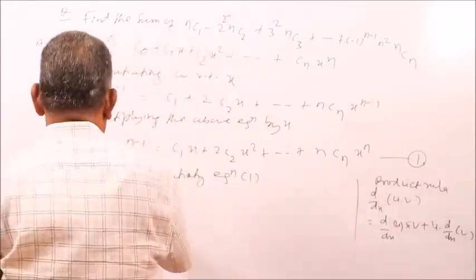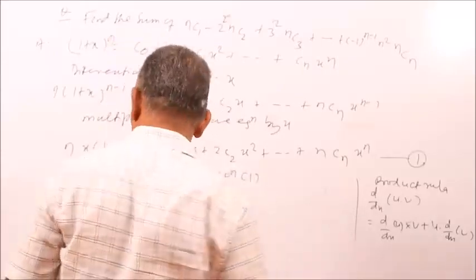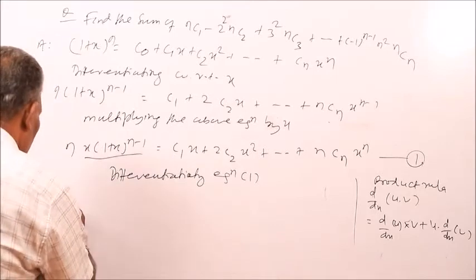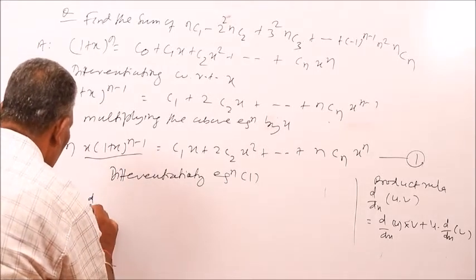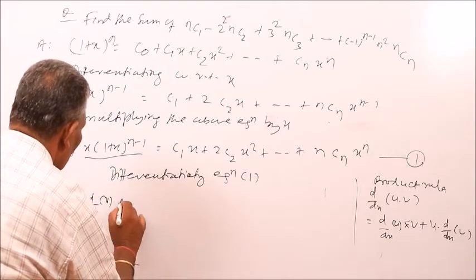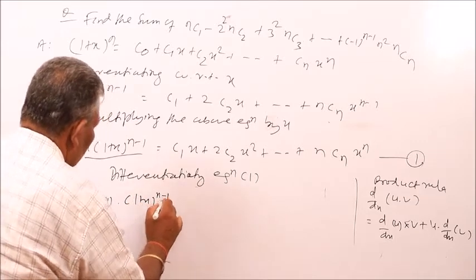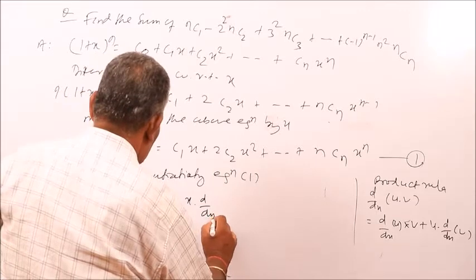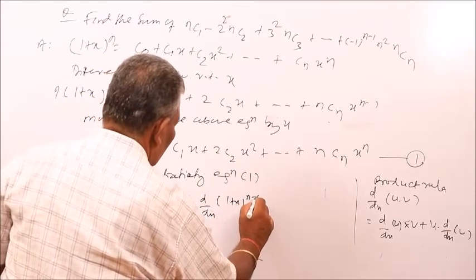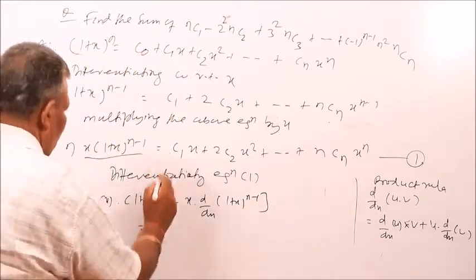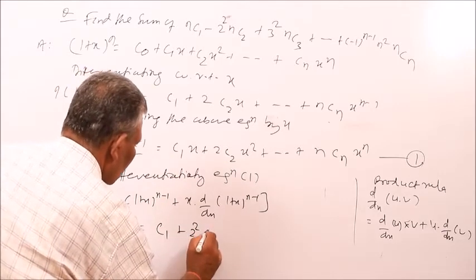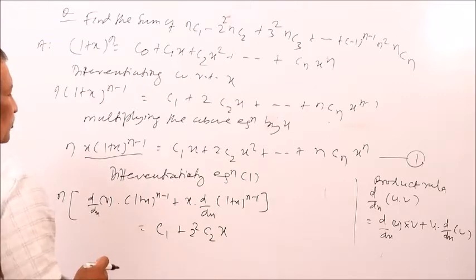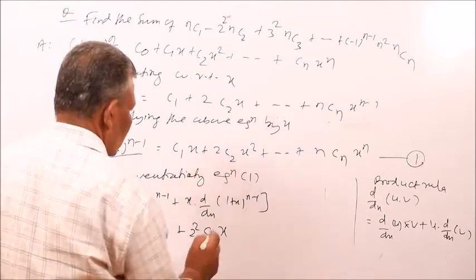Here in the LHS we have two terms. x is one term, another is (1 plus x) to the power n minus 1. So applying our product rule, d by dx of x into (1 plus x) whole to the power n minus 1, plus x keeping constant, d by dx of (1 plus x) whole to the power n minus 1, equals c1 plus 2 square c2x, because x square derivative is 2x, here is 2.